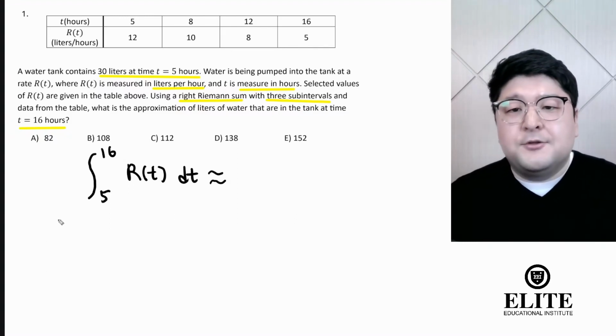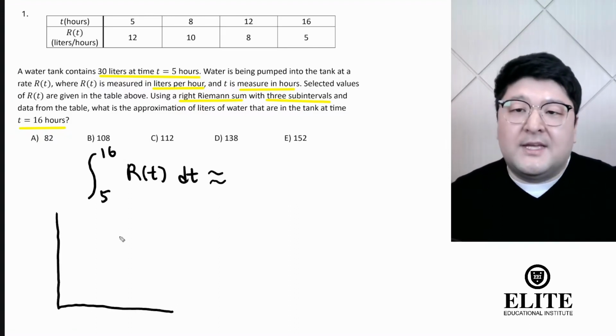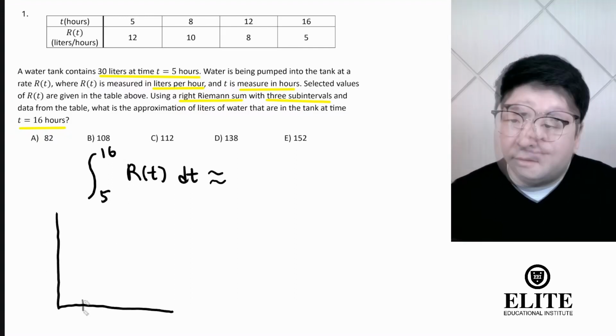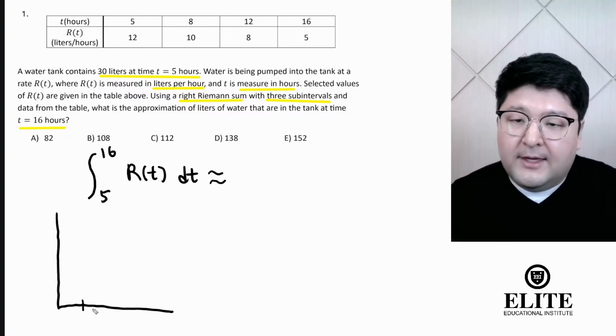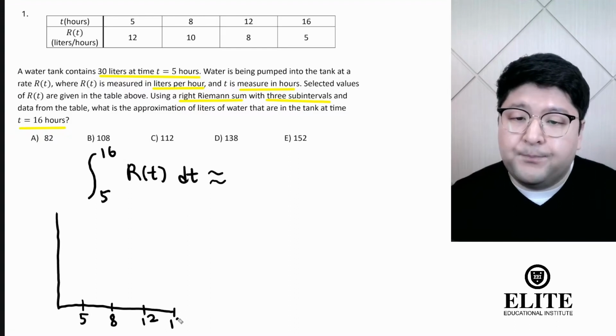Whenever I do Riemann sum problems, I always like to draw a graph with the table values above and draw the rectangles myself. Let's plot the points at t equals 5, 8, 12, and 16.